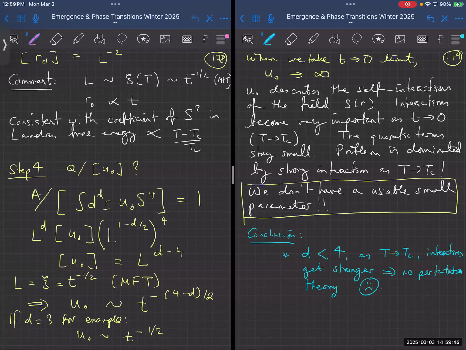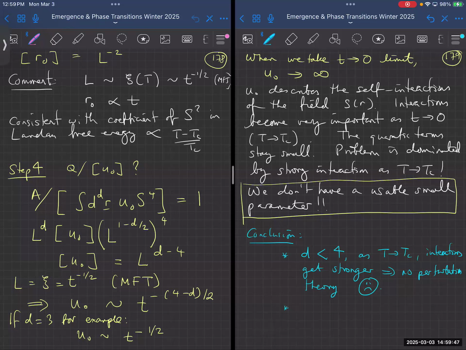So that's that. On the other hand, it does tell us that if D is greater than 4, then that means that the interactions get weaker. And in fact they get weaker and go to 0.